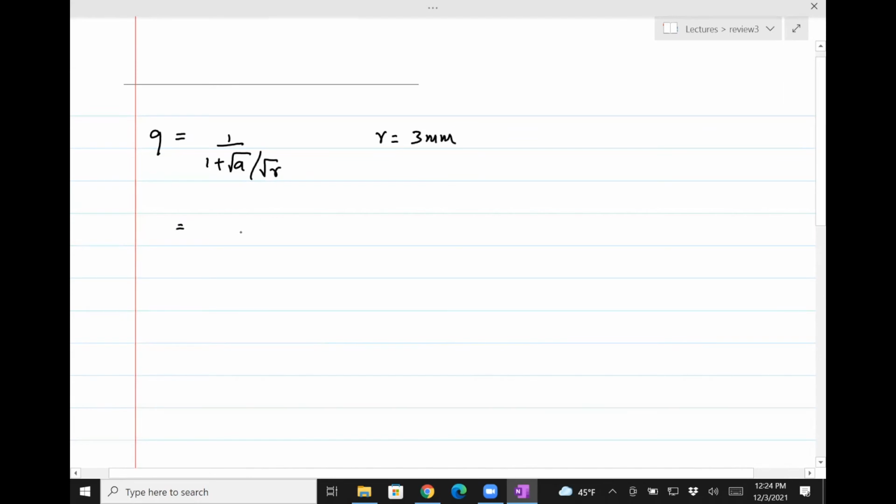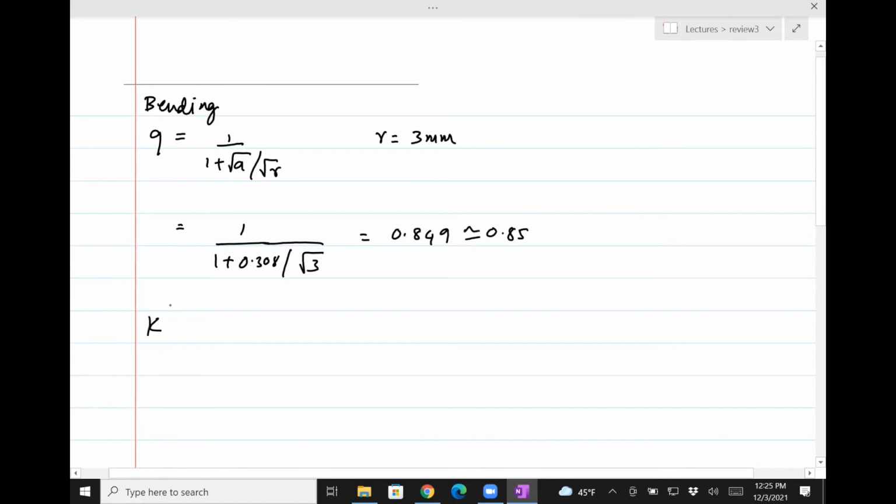So we write this as 1 over 1 plus square root of a, and we found the square root of a. By the way, this is for bending. So square root of a is 0.308, and so it comes out to be 0.849, which we can round up to 0.85.